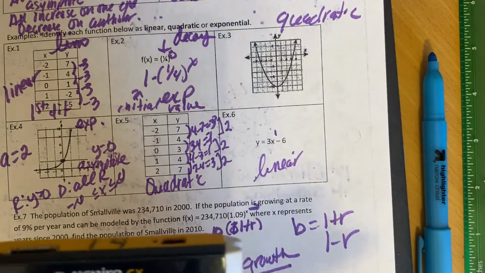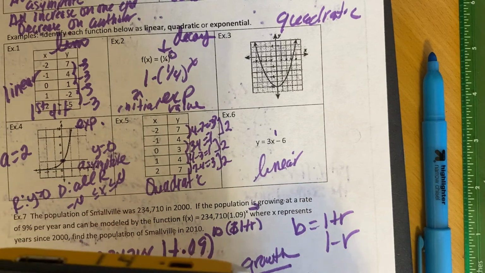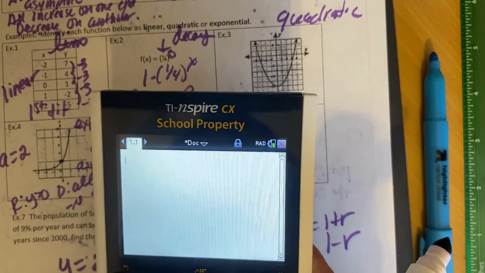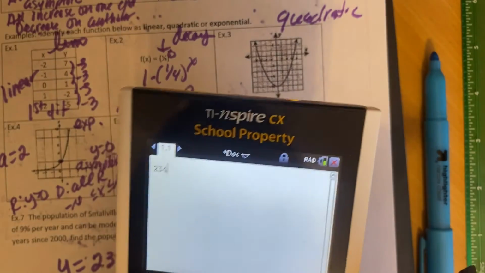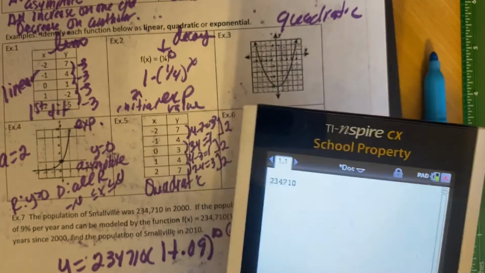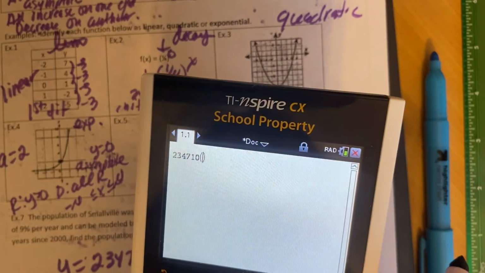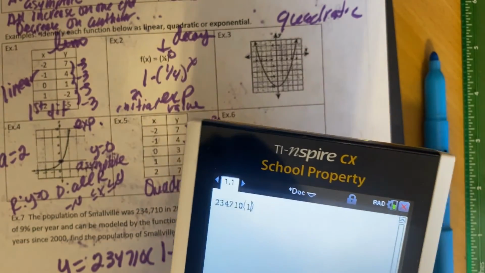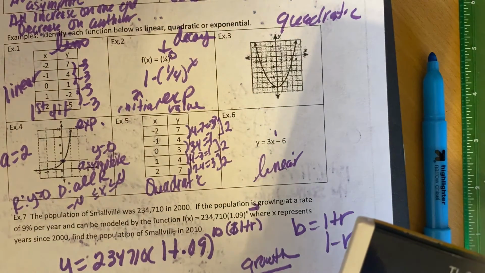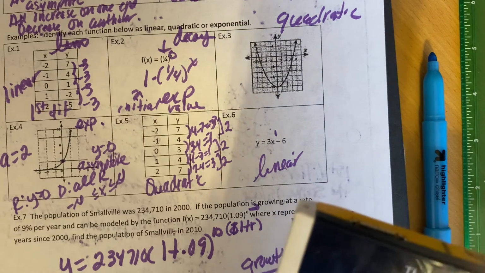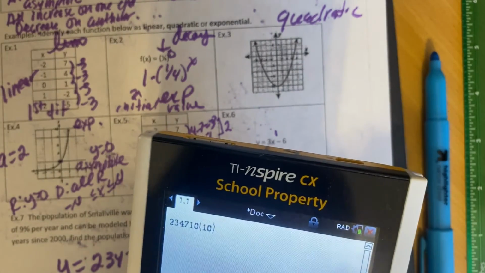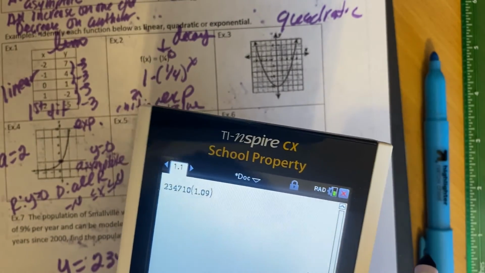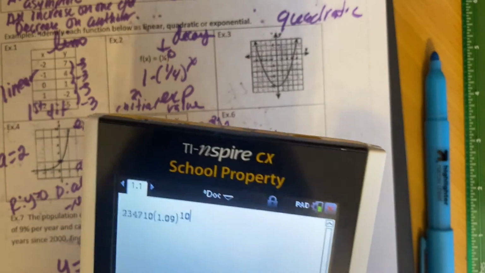And then you pick up your calculator. We would just go to the calculator and type in 234,710 parentheses 1.09, it doesn't really matter how you do it, raised to the 10.